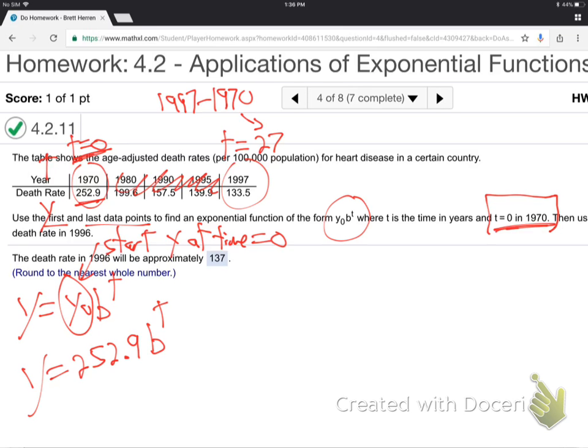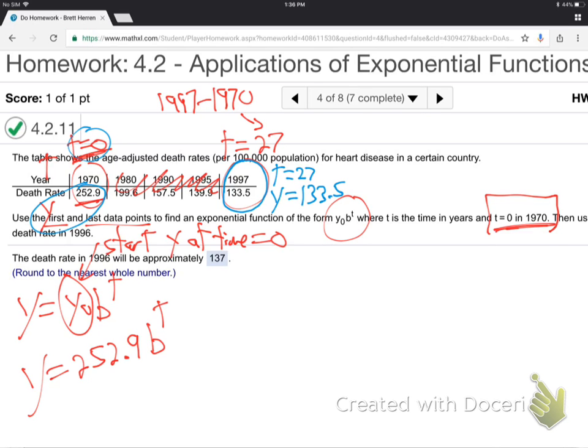Now, we have to find the B. Okay, with me on this so far? How do you find the B? These are kind of the same every time. What do we do to find the B? We've got to plug in this information. We've got to plug in T is 27 when Y is 133.5, just like T was 0 when Y was 252.9.